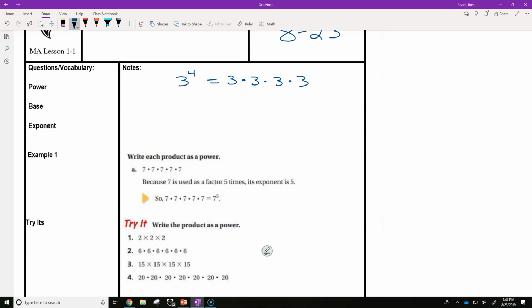Why do you use a dot instead of an X? That's a very good question. Instead of an X, I'm using a dot, and the dot isn't down like a decimal point, it's in the middle. That dot represents multiplication. When you get into algebra, you'll start doing it every time, because X can stand for a variable. You don't know what that is yet, but variables are unknown numbers.